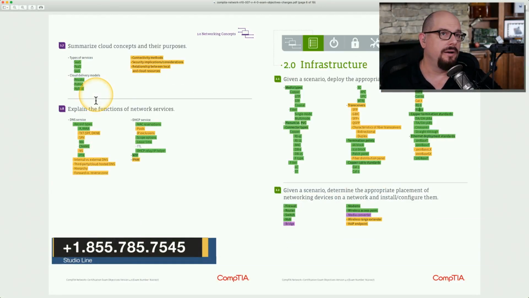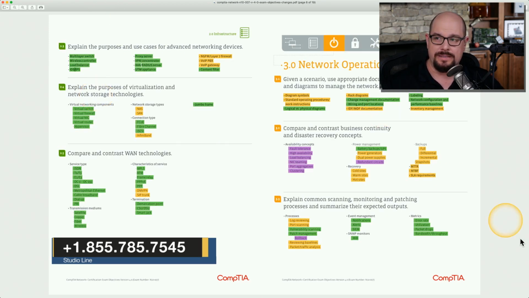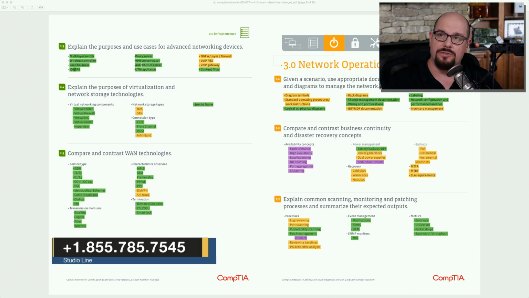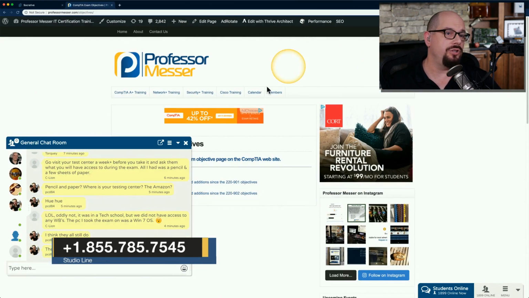One of the things I will do, I did this for the A+, and it sounds like people still need this content. I already have this list of differences on my screen here. I can put this into a document on my website. If you go to professormesser.com/objectives, this is new. If this pops you over to the CompTIA website, you'll have to clear your cache to come back to this. But if you come by my site, you will get a single page with just the objectives in it.